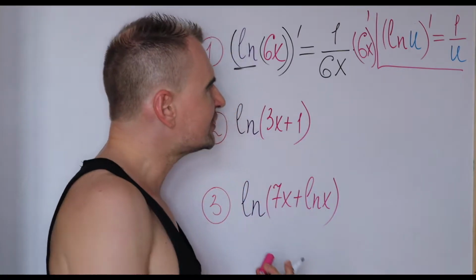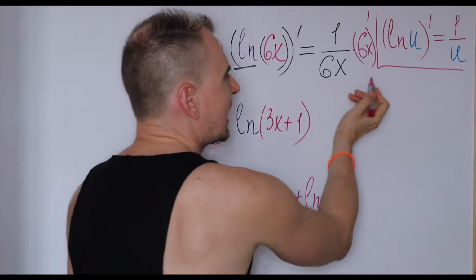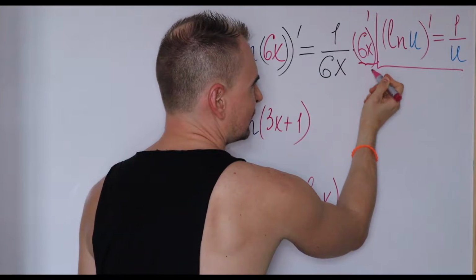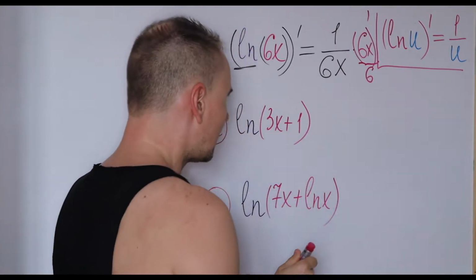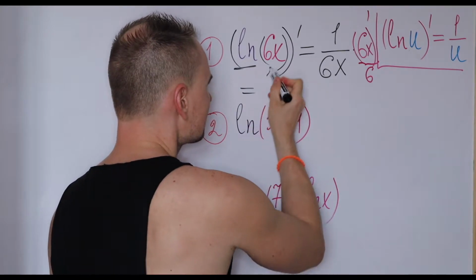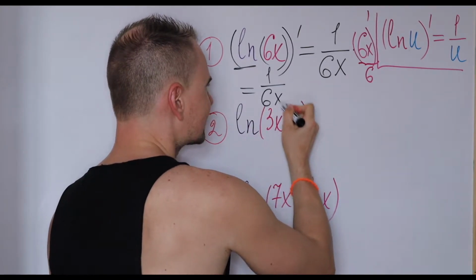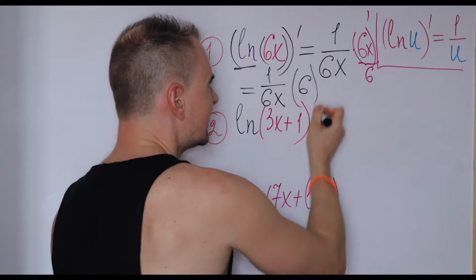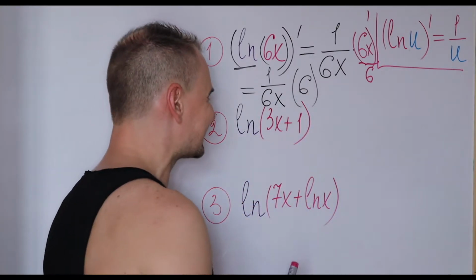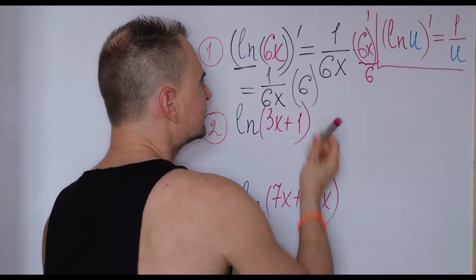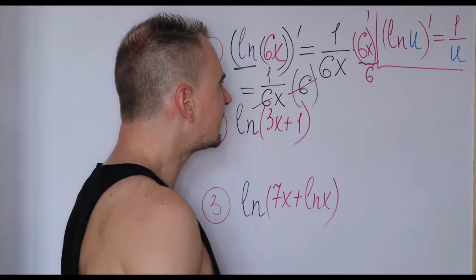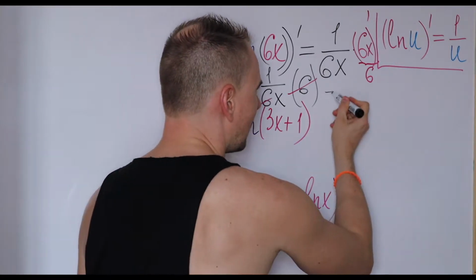All you need to do is clean it up and recall that the derivative of 6x is just 6. You are left with 1 over 6x times 6. And this 6 and this 6 in the denominator cancel each other out beautifully, so the 6 goes away. And you end up getting just 1 over x.